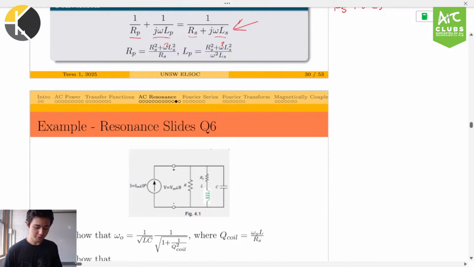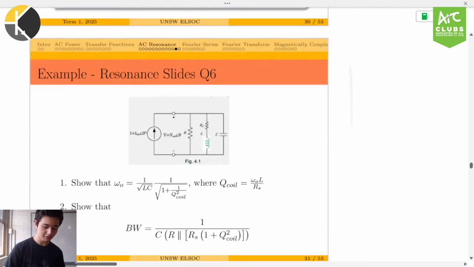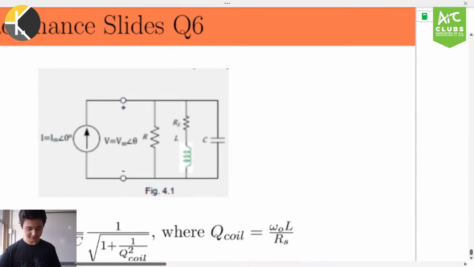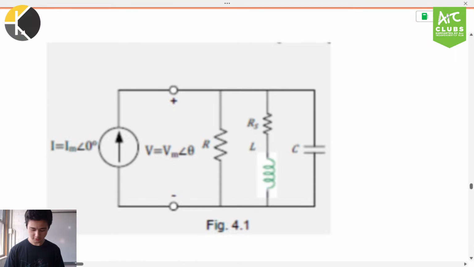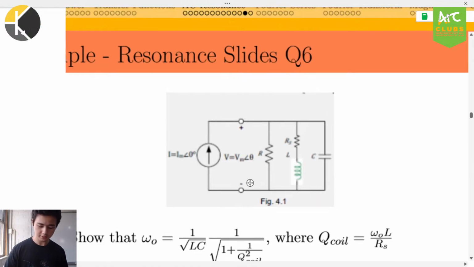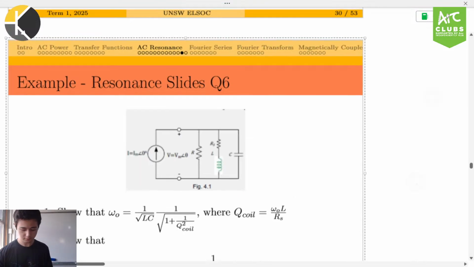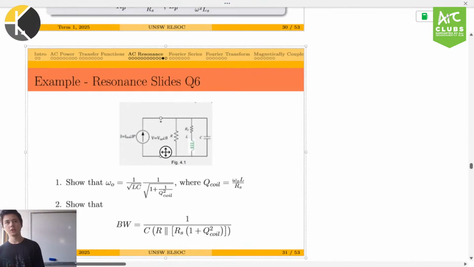Now, we're gonna go ahead and do a very cool question with respect to series to parallel conversion. And we can see it's very special because we have this resistor in series with this inductor. And to more easily calculate the resonance conditions, we can just do our series parallel conversion and then be happy.